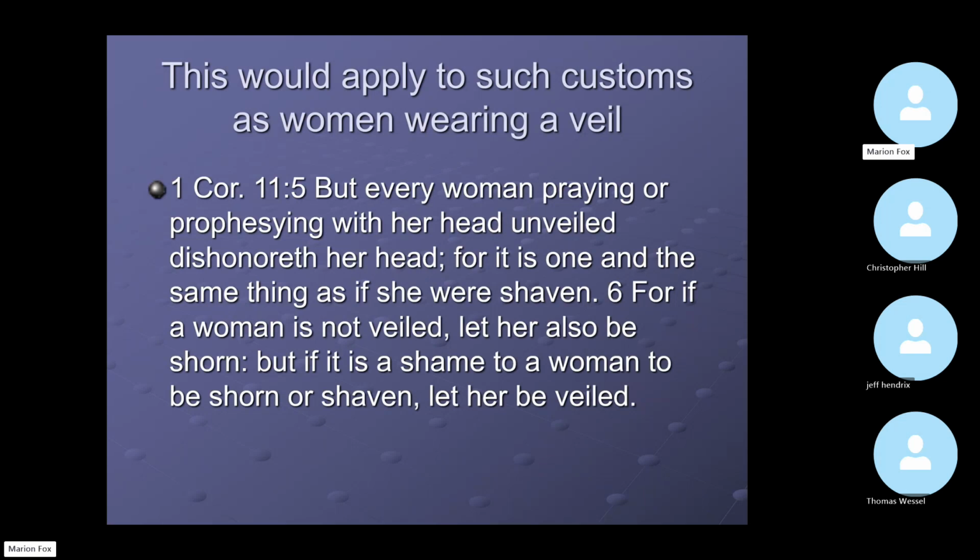And so there were slave girls that did this. Now, how in the streets are you going to distinguish between a free woman who is not a prostitute and one who is? Well, the prostitutes had to have their heads shaven.